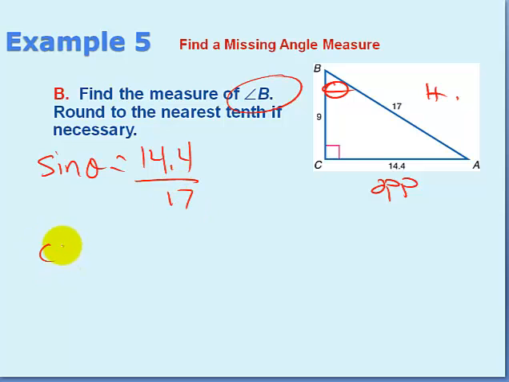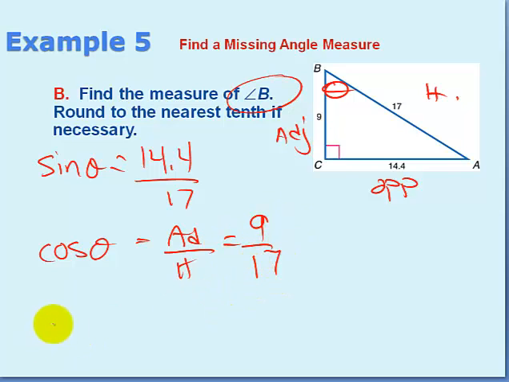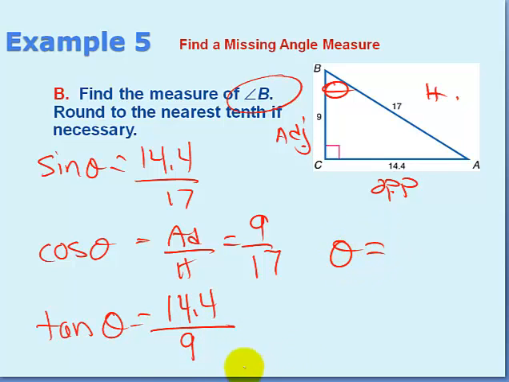I could also do cosine theta, which is equal to adjacent over hypotenuse, which would be 9 over 17. Or I could use tan theta, which is opposite over adjacent, 14.4 over 9.